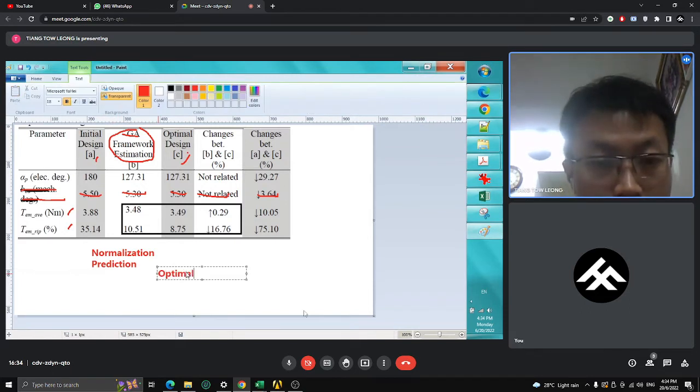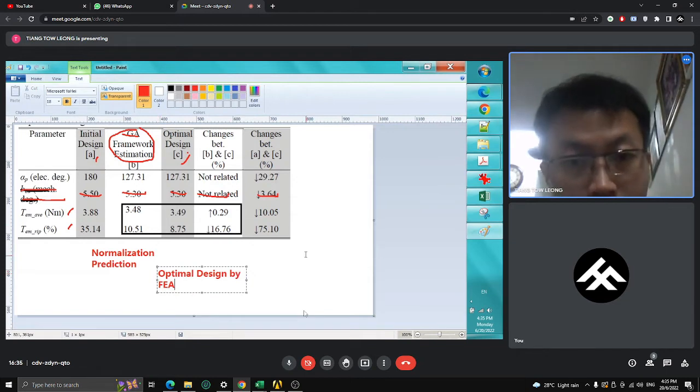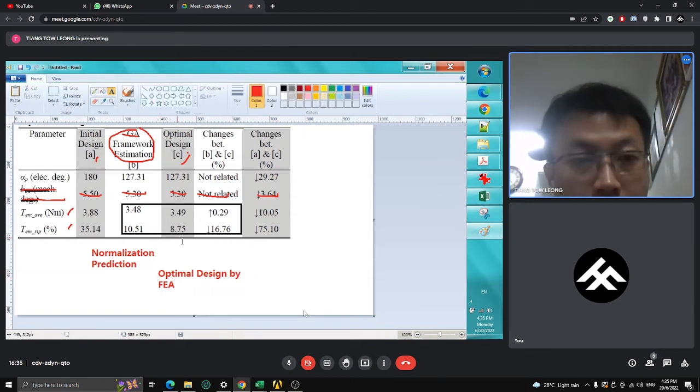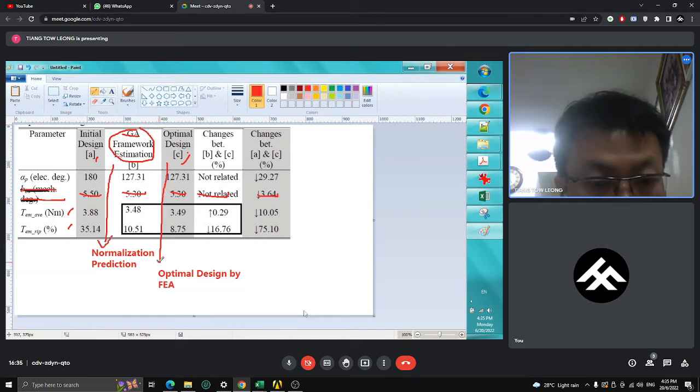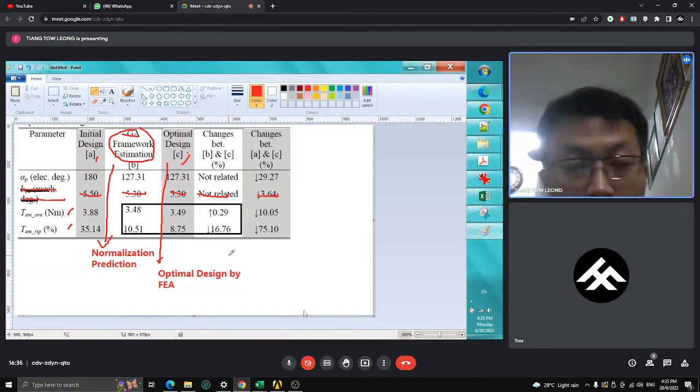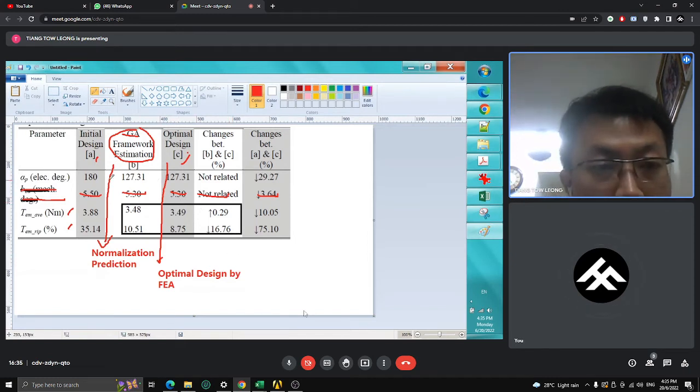This one is the optimal design by FEA. Okay. So these two things we change lah. Dia punya nama normalization prediction. This is optimum design by FEA. And then dia punya alpha P sepatutnya sama lah 124.9 kan. Then sebab EM average pun sama, ripple pun sama kan.